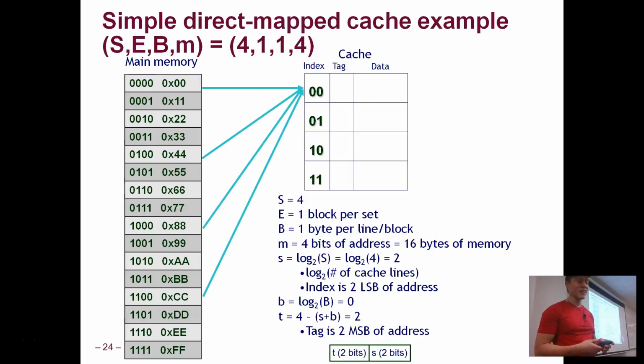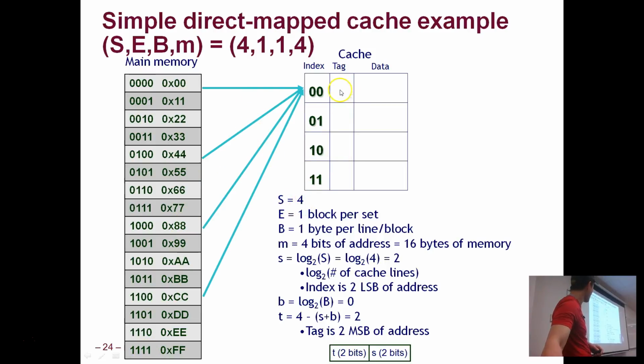Okay, so here is the cache that we're going to look at for the rest of our examples. Our main memory is 16 bytes. It's got 16 addresses, so it's a 4-bit processor. All zeros is the beginning address. All ones is the highest.